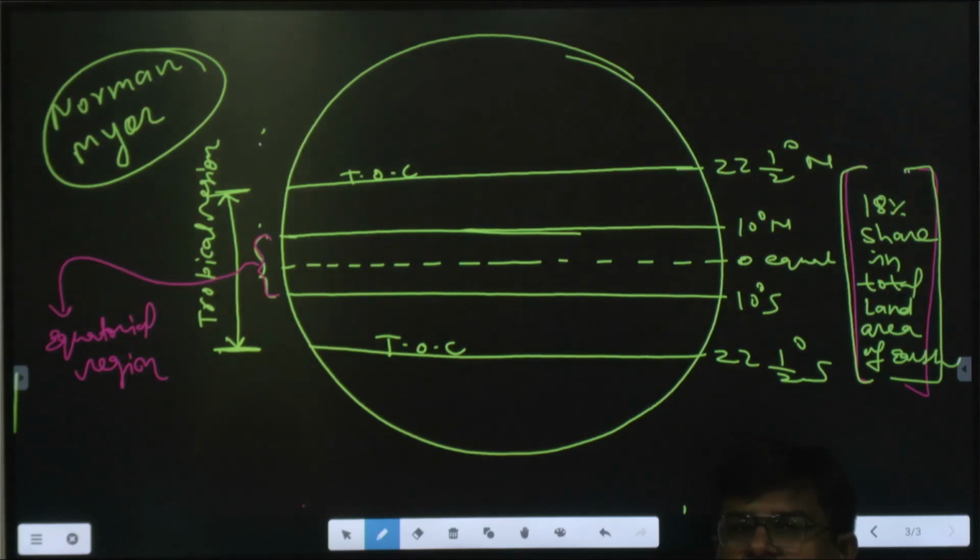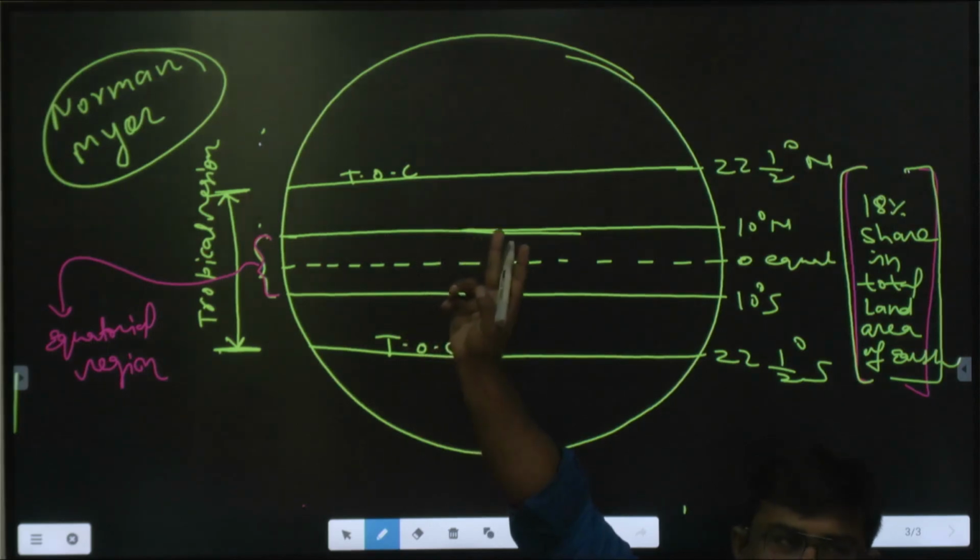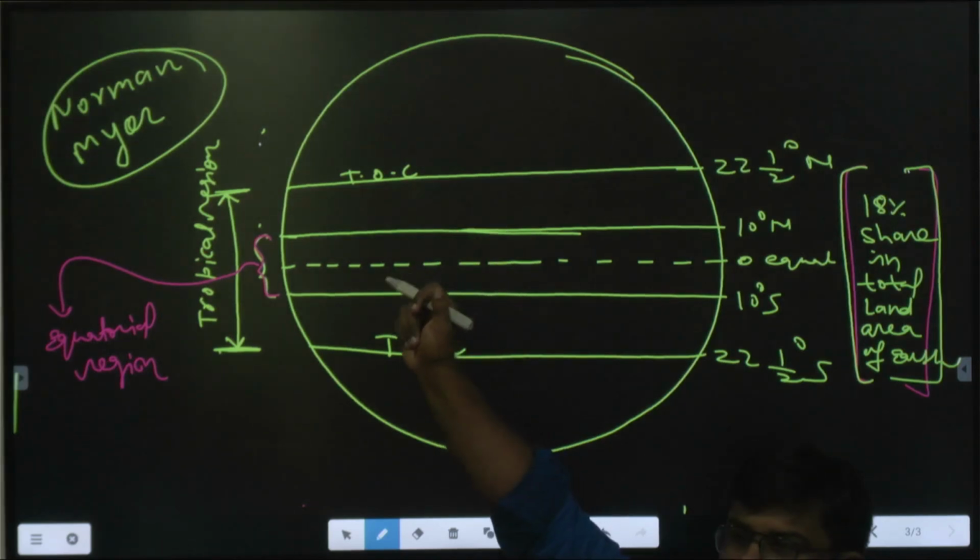And if you talk about India, 2 regions of India has been declared as hope spot. One is Lakshadweep and another one is Andaman Nicobar. Hope spot, 2 hope spots of India, Andaman Nicobar and Lakshadweep.